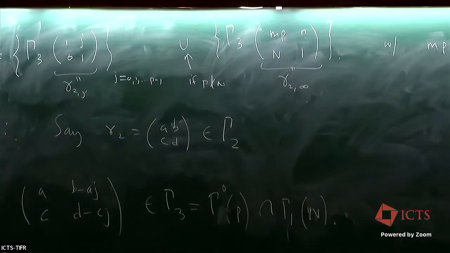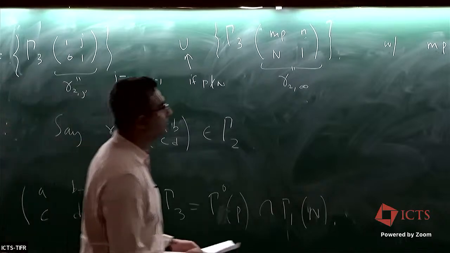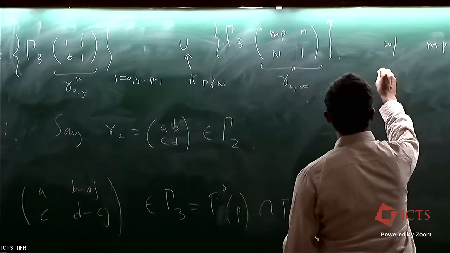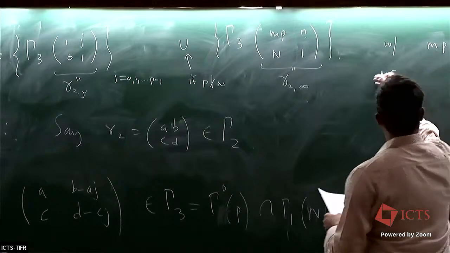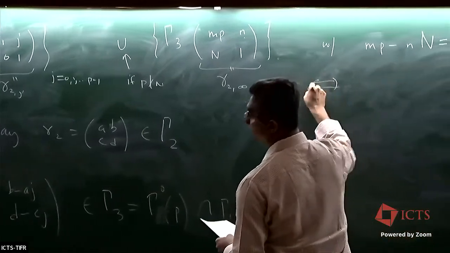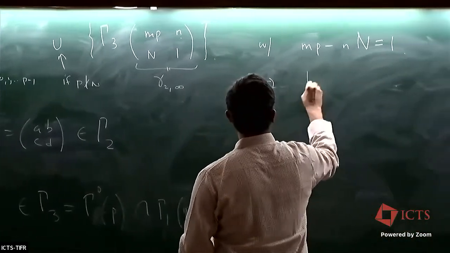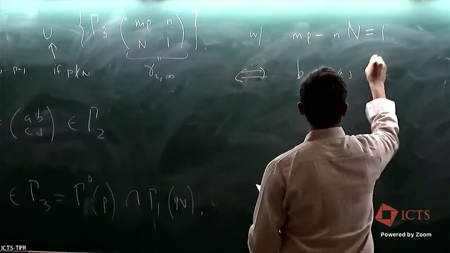Okay, so the question is, can you find a J such that gamma 3 is in that coset? And so what you really need is that this number should be 0 mod P. So we continue these equivalences: if and only if B is congruent to AJ mod P, right?